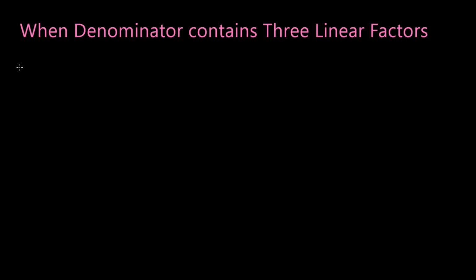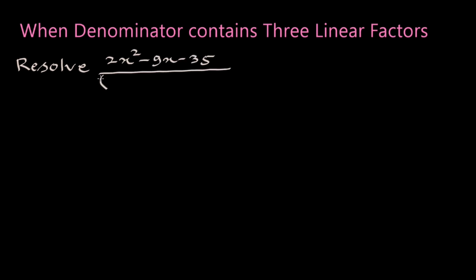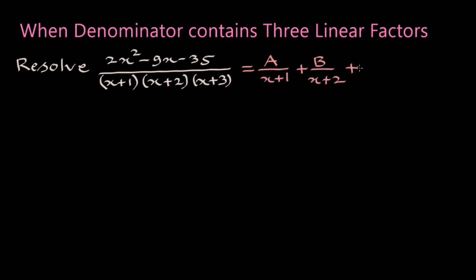Resolve into partial fractions 2x square minus 9x minus 35 upon (x plus 1) into (x plus 2) into (x plus 3). Since there are three linear factors in the denominator, we write this as A upon (x plus 1) plus B upon (x plus 2) plus C upon (x plus 3).